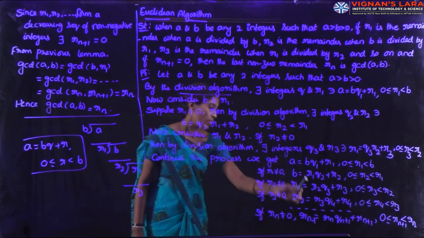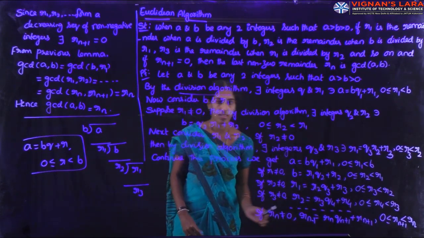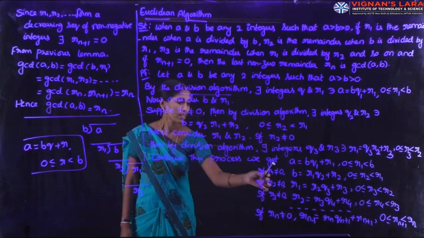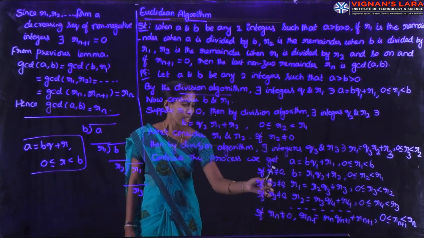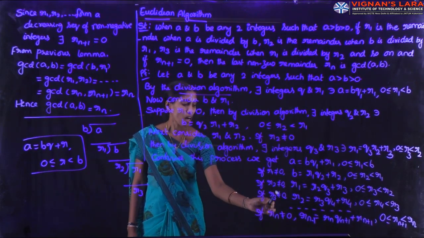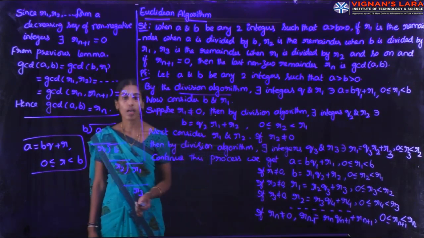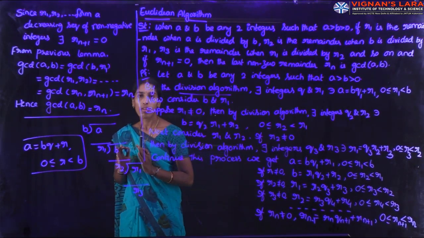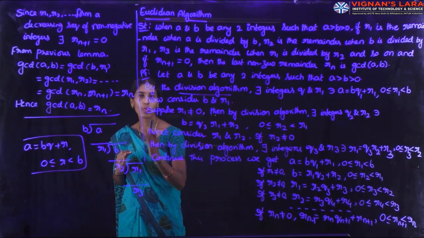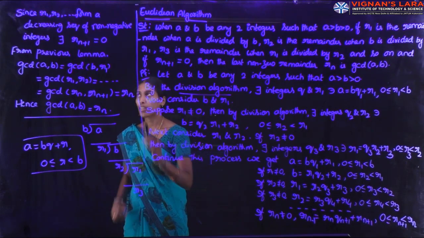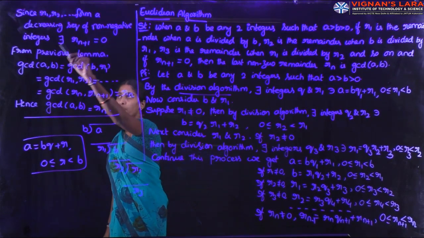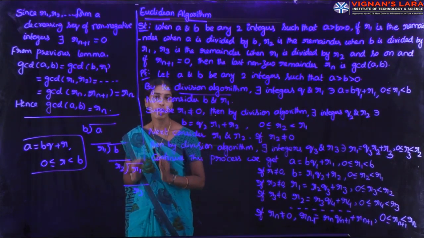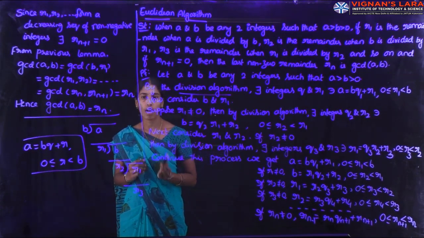So like that we get a sequence of numbers. In this sequence we have a set of remainders R1, R2, R3 and so on up to Rn. Since all these are remainders, they always follow a decreasing order. So it is a decreasing sequence of non-negative integers, because both A and B are non-negative.